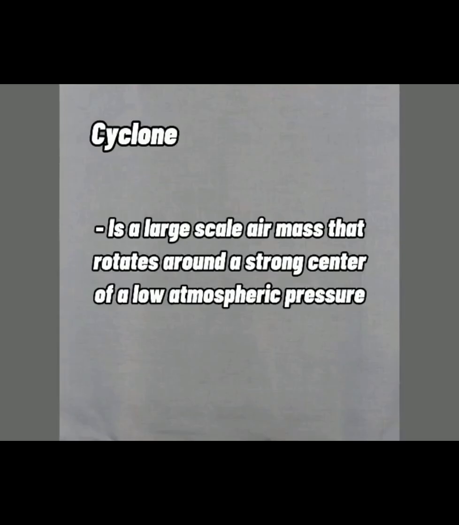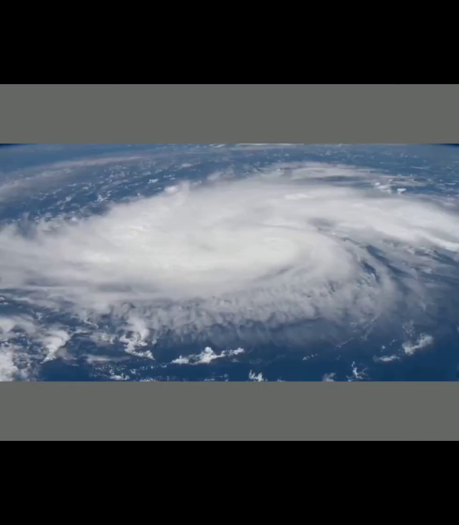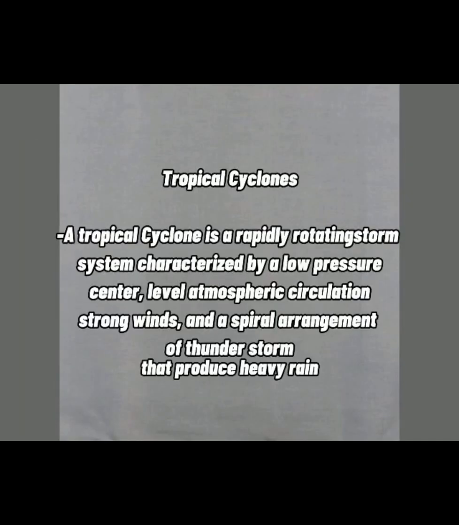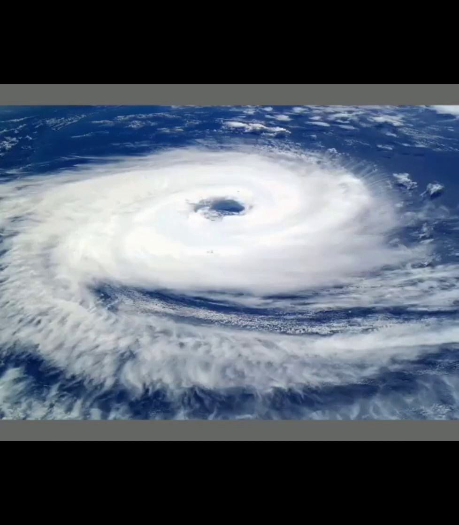Cyclone is a large-scale air mass that rotates around a strong center of low atmospheric pressure. Cyclones form because of low pressure areas. Tropical cyclones are rapidly rotating storm systems characterized by a low pressure center, a high level of atmospheric circulation, strong winds, and a spiral arrangement of thunderstorms that produce heavy rain.